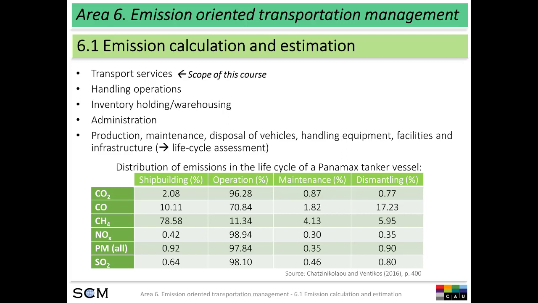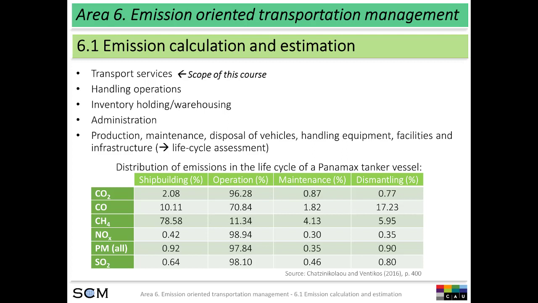Carbon dioxide is almost completely emitted while operating the ship. 96% of all carbon dioxide emissions result from running a ship from one port to the other. For other types of emissions like CH4, we get a different picture. About 80% of CH4 are caused when building the ship, but just 11% while operating the ship.